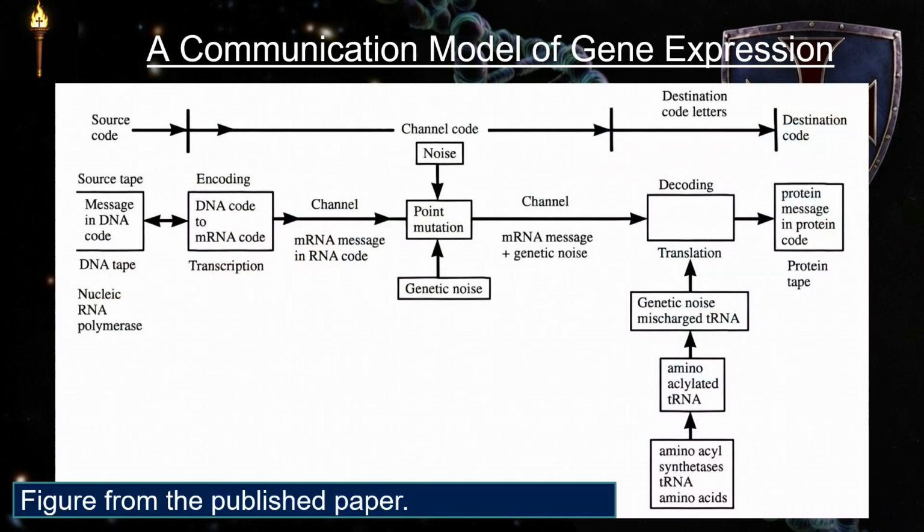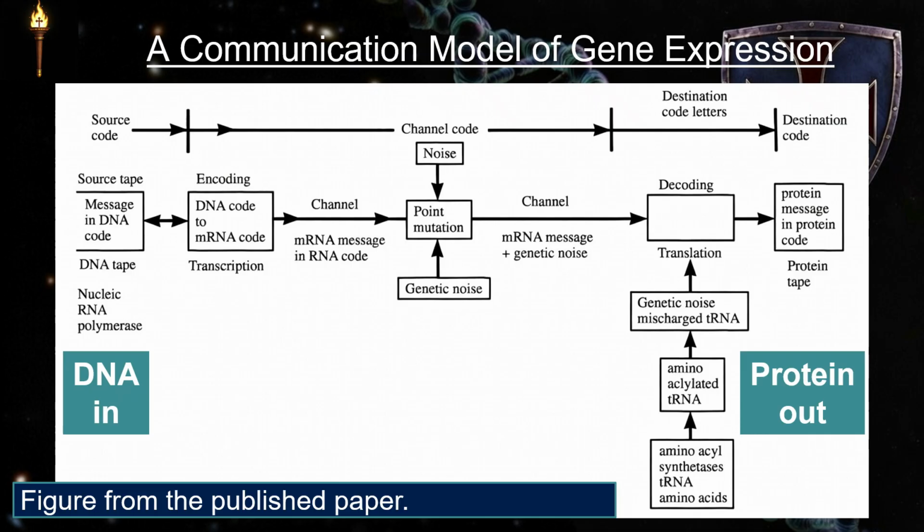In that paper, he shows this communication model. On the left, it has the message in DNA code. You have transcription. The mRNA message is sent through the communication channel. Noise is added to it. It's decoded by translation, and a protein is generated.